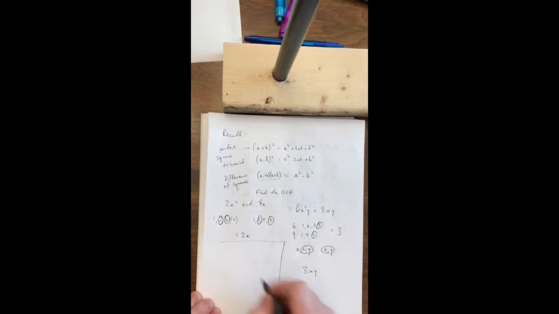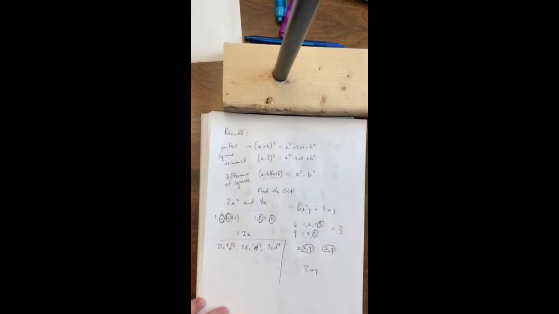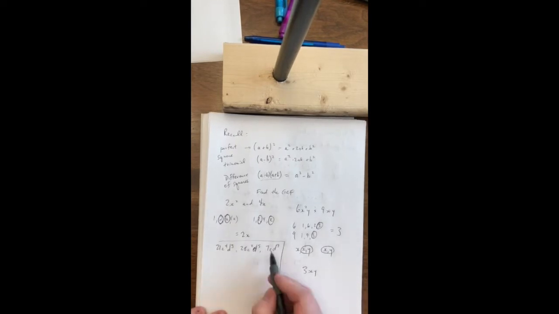And let's do another one here. 21c^4d^3, 28c^2d^5, and 7c^1d^3. So looking at the coefficients, for 7 we have 1 times 7.